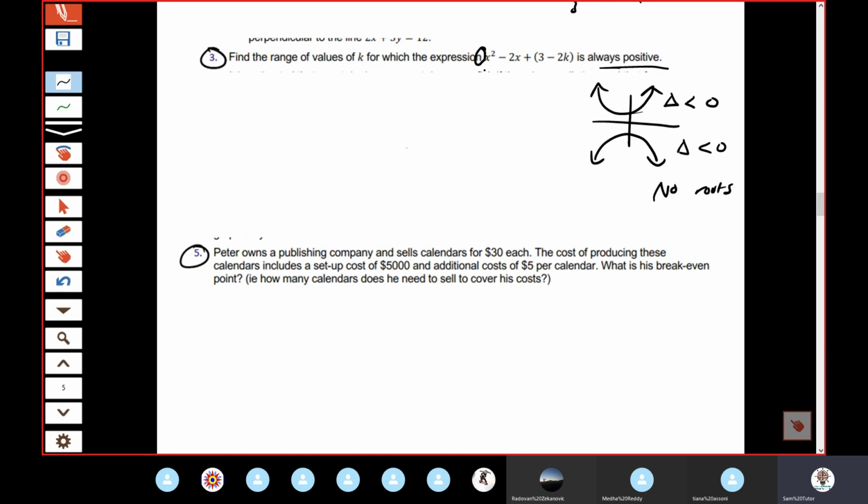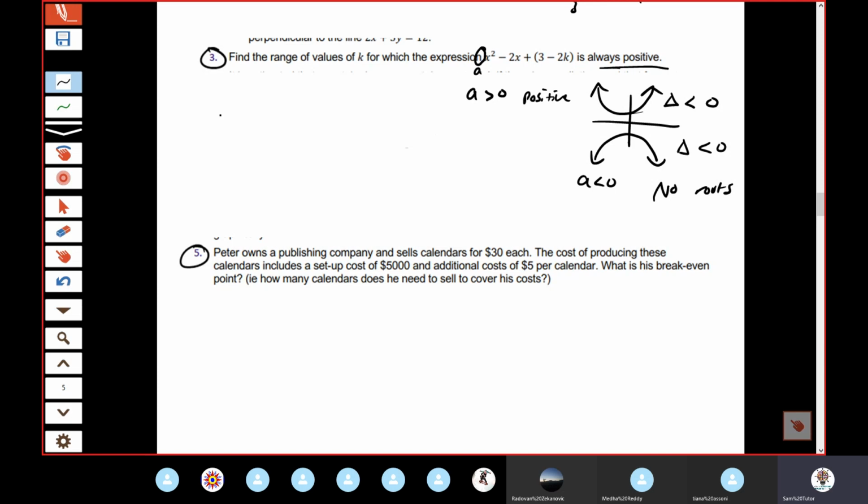What's the number in front of x squared? Positive 1. So this value, let's call it a, because ax squared plus bx plus c, since a is greater than 0, it's positive. It's a happy parabola. If a was less than 0, it'd be a sad parabola. But your discriminant must still be less than 0 for it to always be positive or negative.